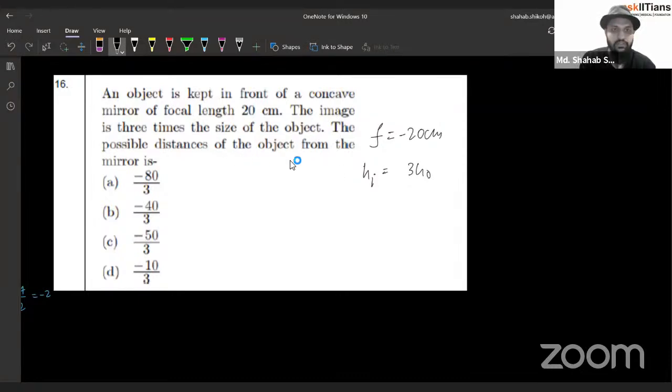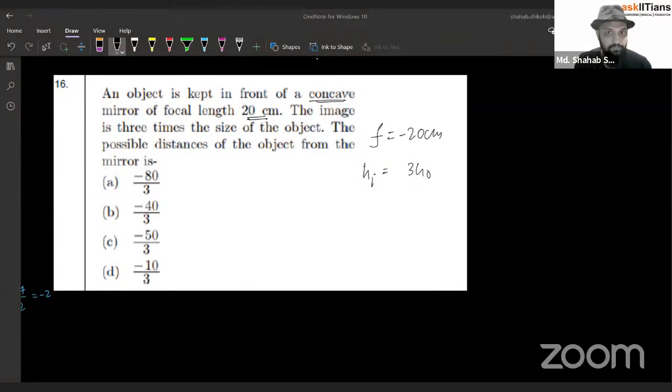The possible distance of the object from the mirror. Listen carefully. Concave mirror forms magnified image in 2 cases: when the image is real and inverted, and when the image is virtual and erect.